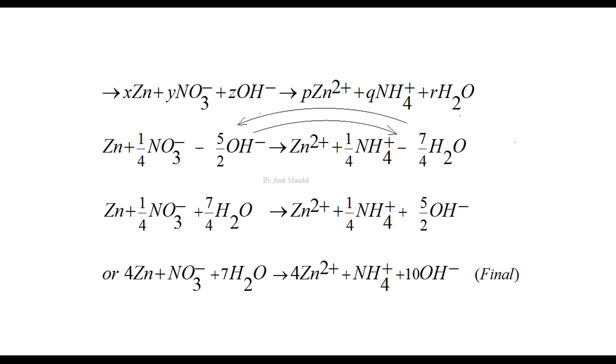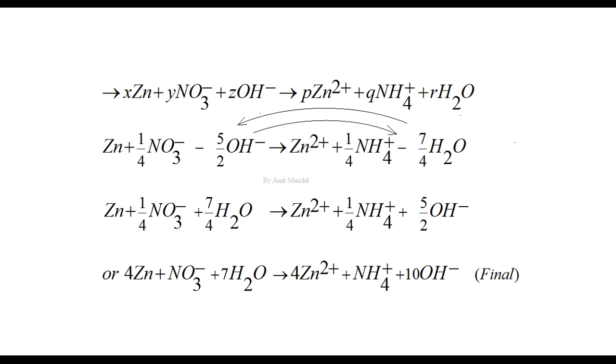Now since we can see that the coefficient of OH⁻ is minus 5 by 2, it is over the LHS, and the coefficient of H2O is minus 7 by 4, it is over the RHS. So we can interchange these two to make them positive: shift the H2O molecule toward the left hand side and the OH⁻ ion toward the right hand side of the reaction.